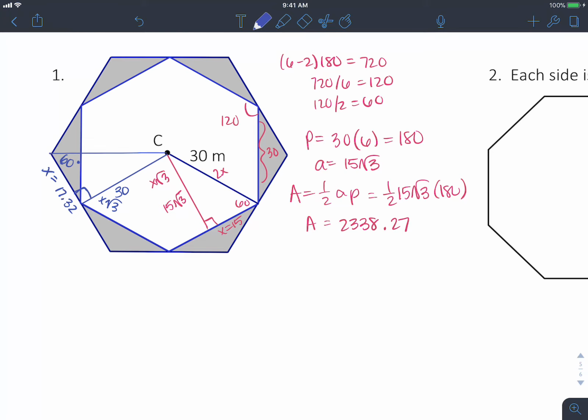So if 17.32 is half, then the whole side is 34.64. So the perimeter of our big shape is going to be 34.64 times 6, which comes out to be 207.84.